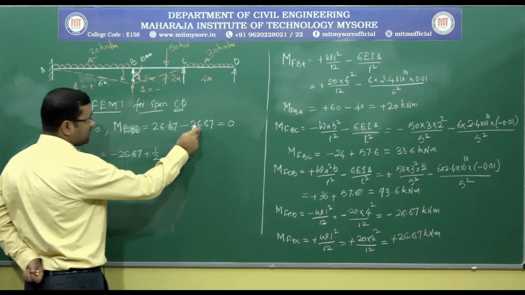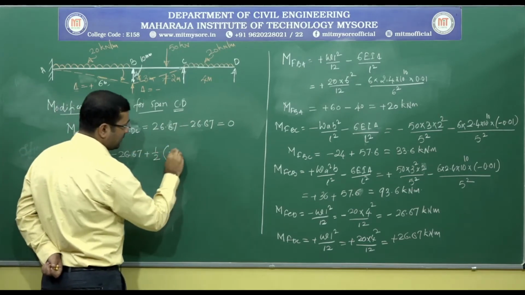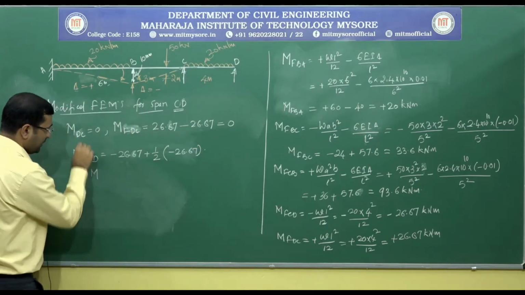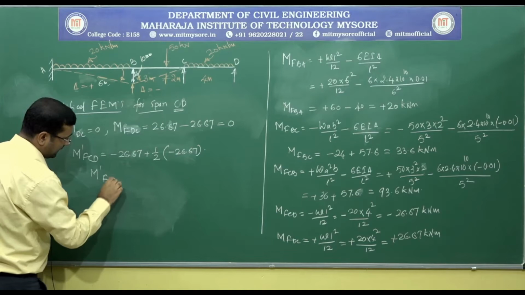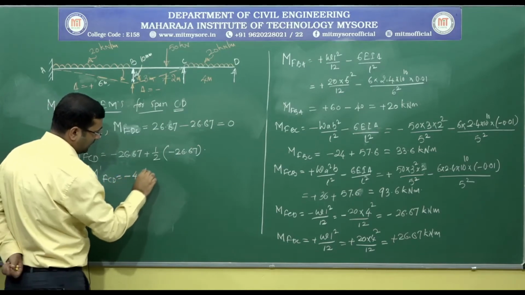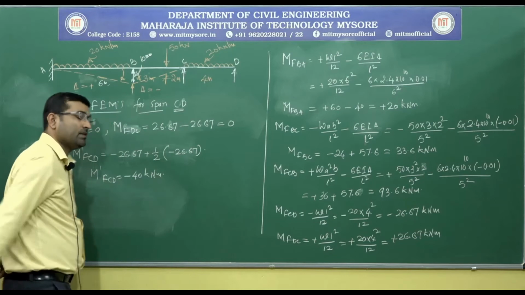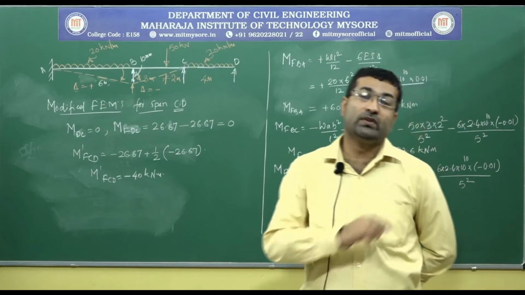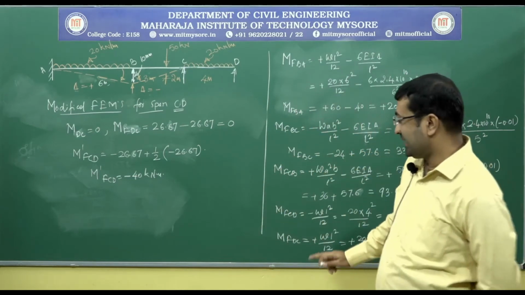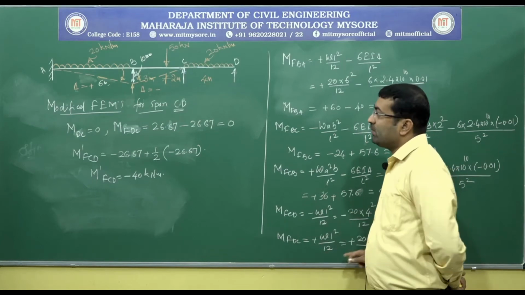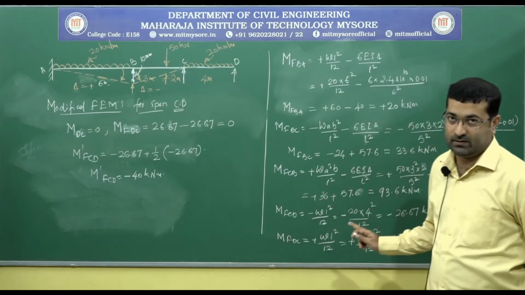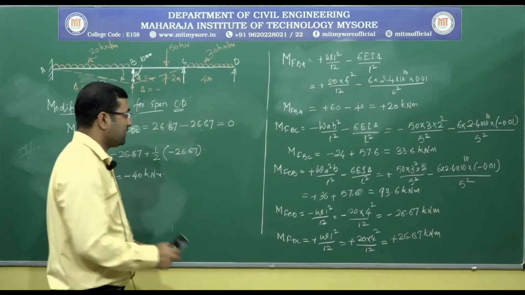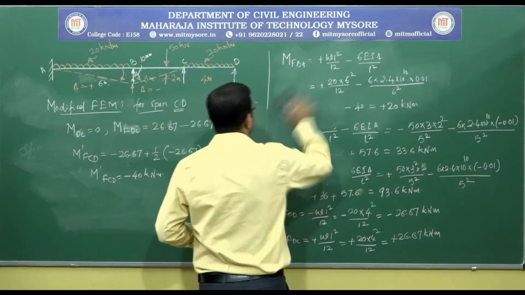Then half of this moment we are transferring here, that is minus 13.33. So this will be modified, that is M dash FCD equals about minus 40 kilonewton meter. So these modified fixed end moments we need to use in the calculation, not the actual ones, and you should remember why we are modifying this, right. Okay. Once we modify these fixed end moments, then we can go for step number 2.